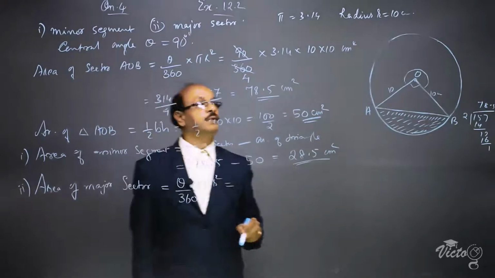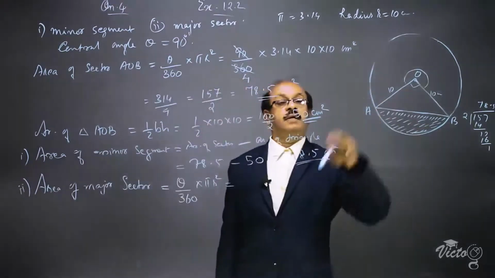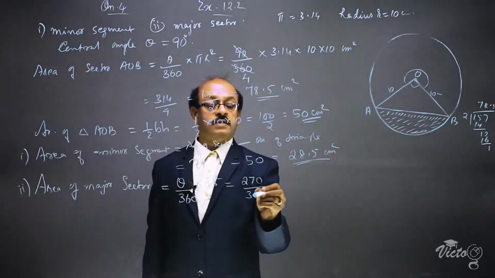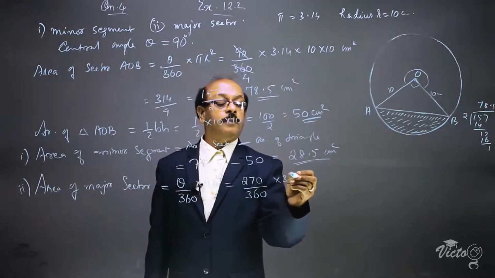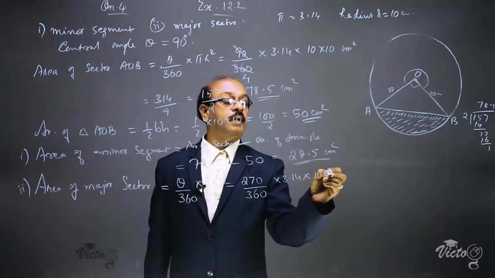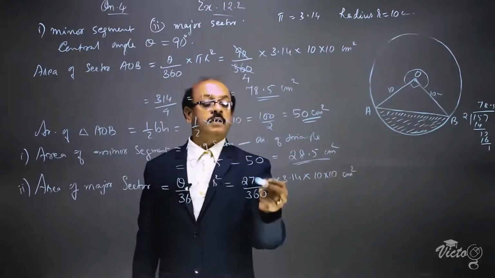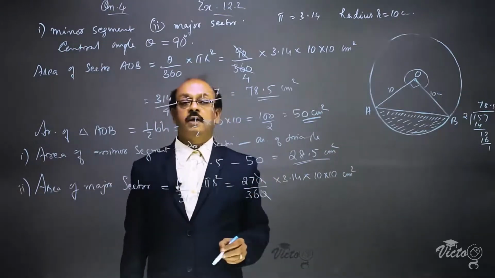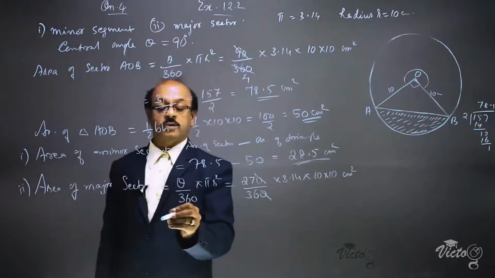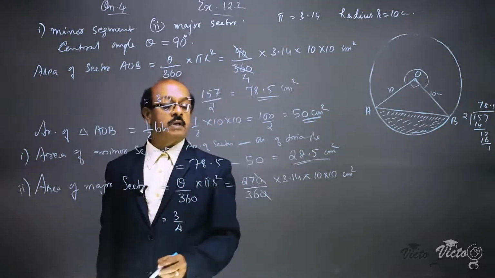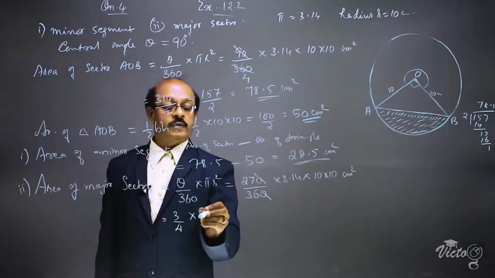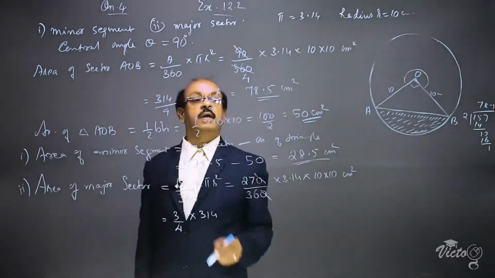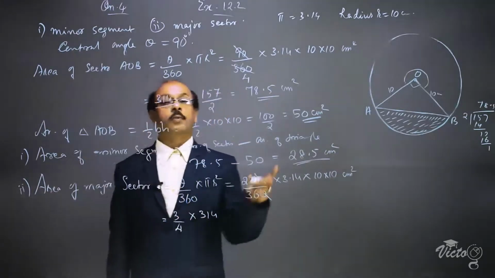Here the value of theta is 360 minus 90, which is equal to 270. 270 by 360 into 3.14 into 10 into 10 centimeter square. 0 and 0 are cancelling. Now we can divide both the numerator and denominator by 9. 9 3s are 27 and 9 4s are 36, into 314. 314 by 4, we obtained as 78.5. So, multiplying it with 3, we will obtain the answer.